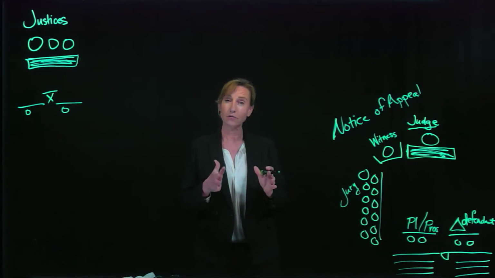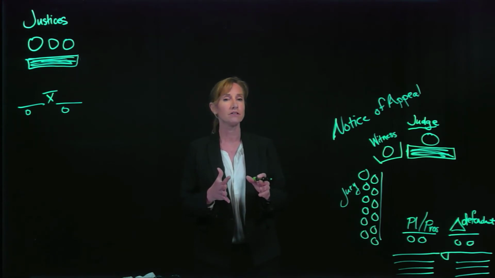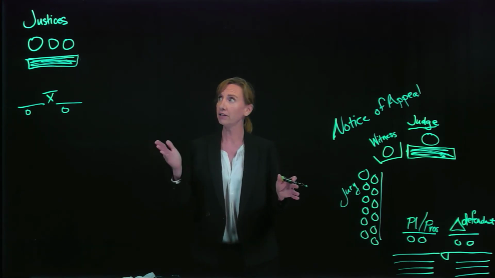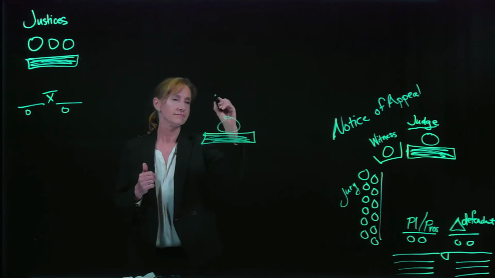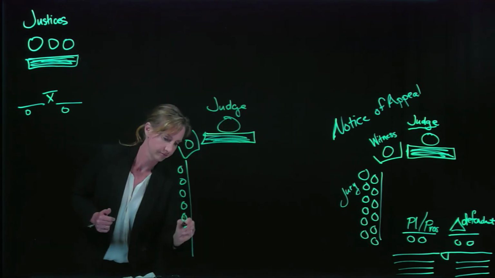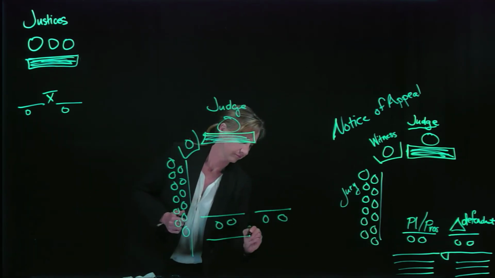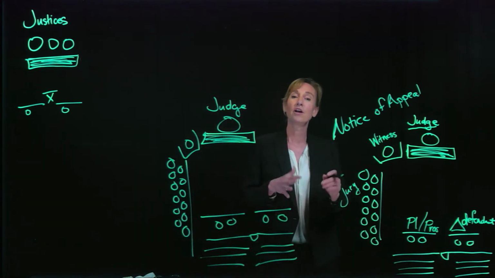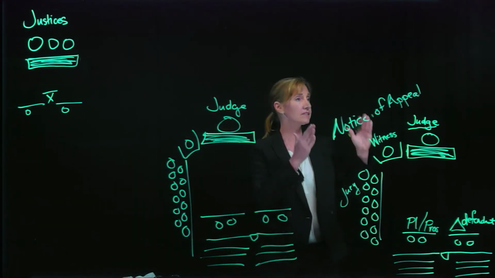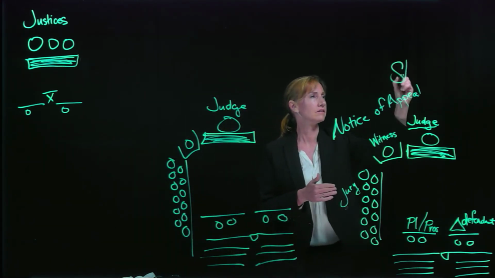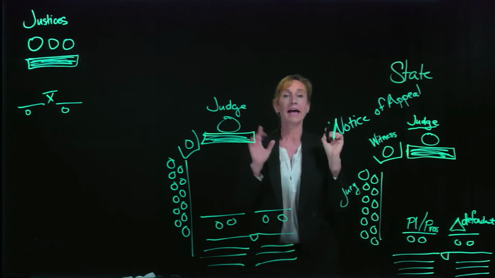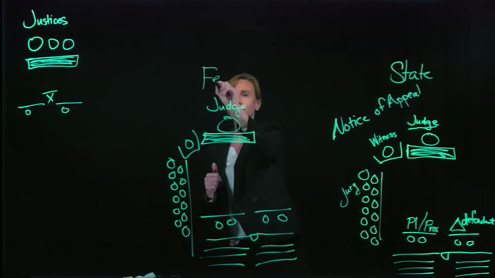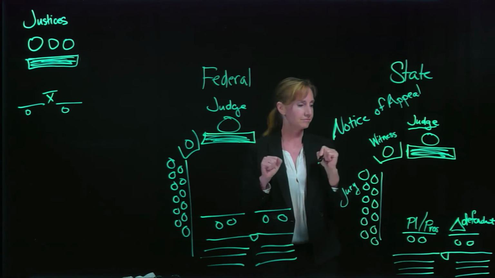How does federalism relate to the differences between trial and appellate courts? Because of federalism, we have state trial courts and separate federal trial courts.